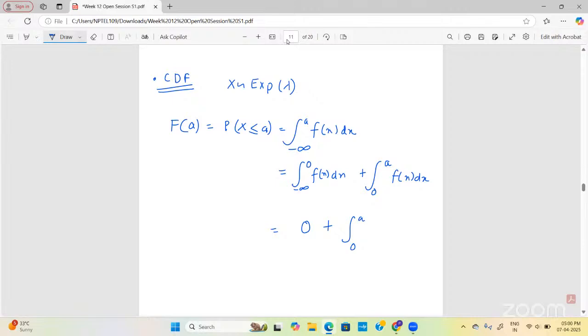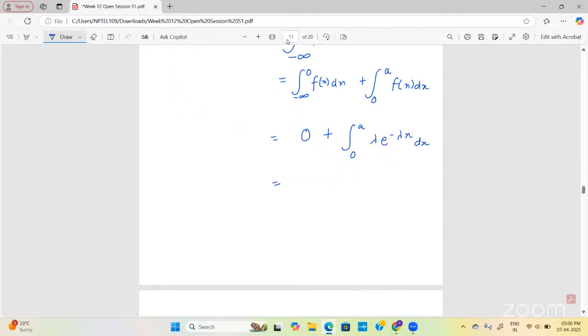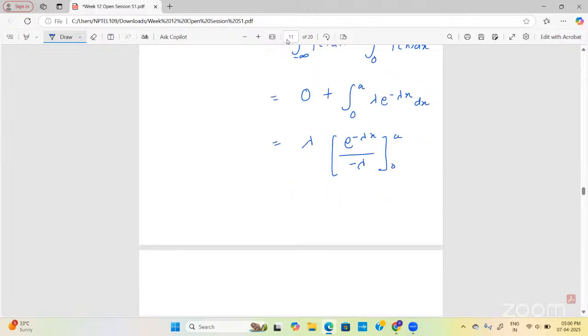From 0 to A, the function is lambda e to the power minus lambda x dx. Lambda is a constant which will come out of the integration. Now for e to the power minus lambda x, the integral will be like this, from 0 to A. Lambda will be cancelled out and the minus sign will be outside here.